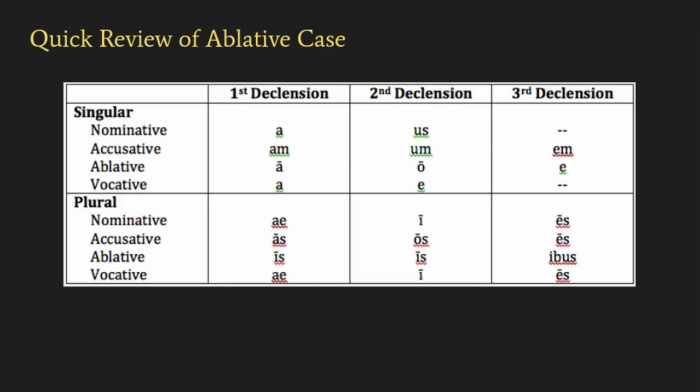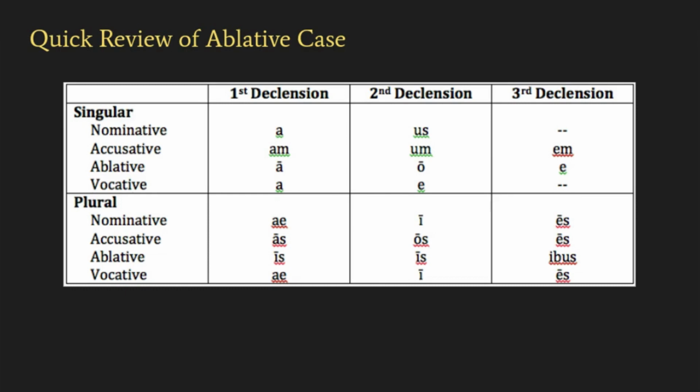So when you see a word, it's really important, if you're not doing this already, but when you try to really dive into the grammar and translate, it's really important that you know which declension your word belongs to, right? Because you might get confused seeing a long I-S and not knowing if it's first or second declension. This will help you out.